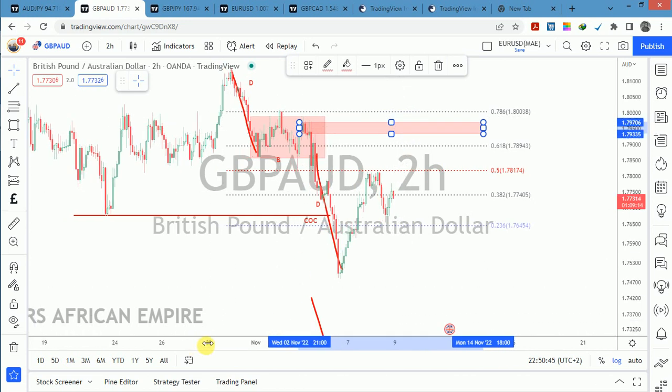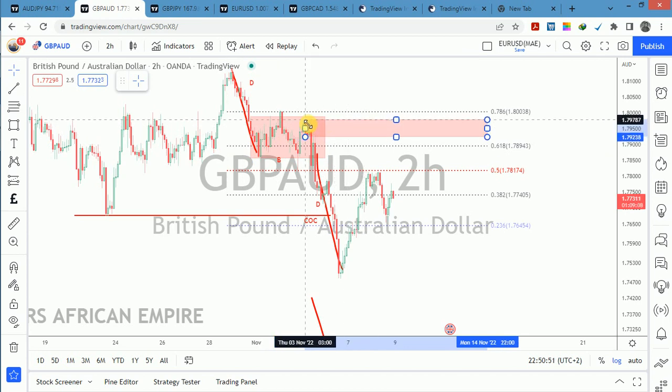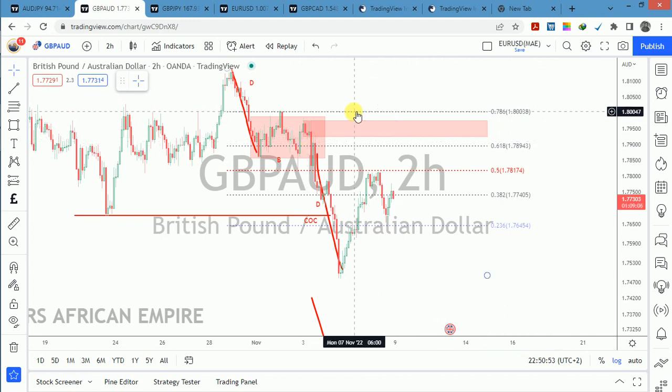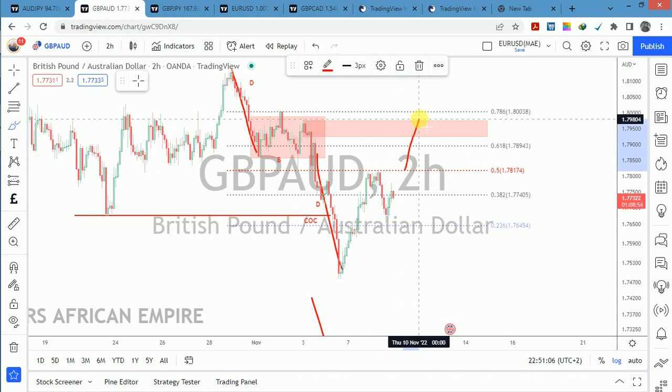That is where I want to sell this pair. So I'm expecting this pair to use this order block. But then, because there is a Fibonacci level above, there is a possibility for this order block to be manipulated as well. There's another one here.